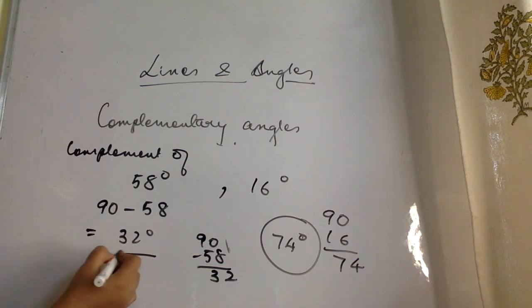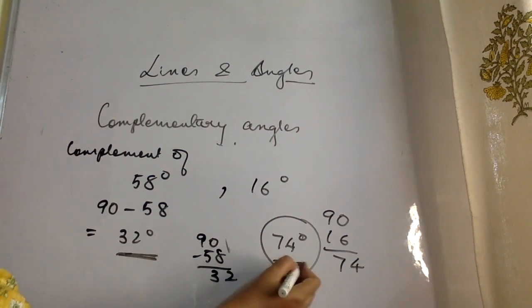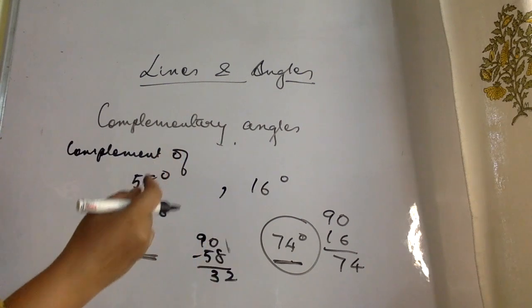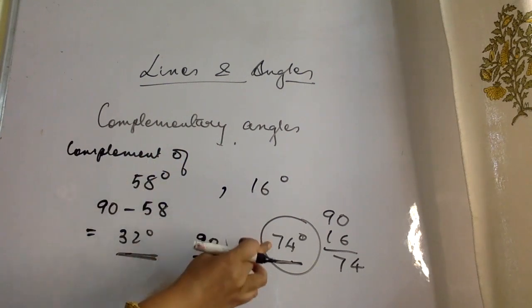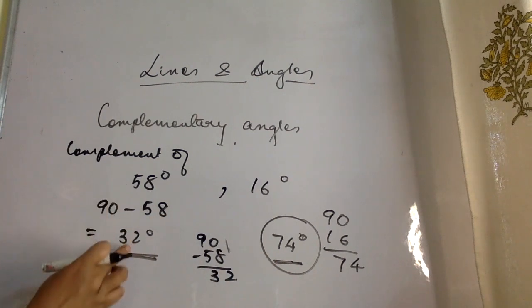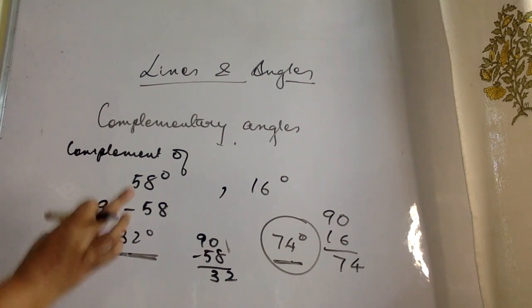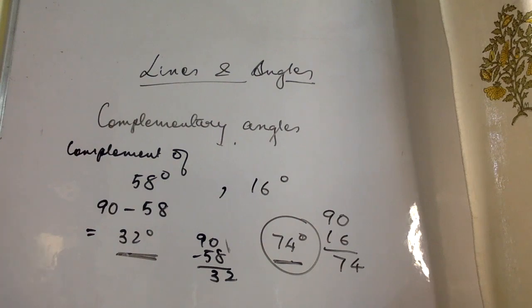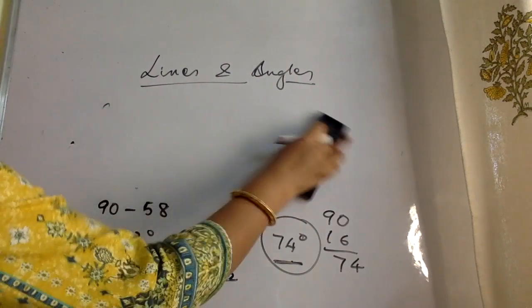So this is the complement of 58, and this is the complement of 16. If we go the other way around, 16 is also the complement of 74, and 58 is also the complement of 32.